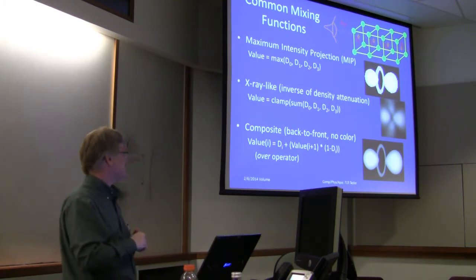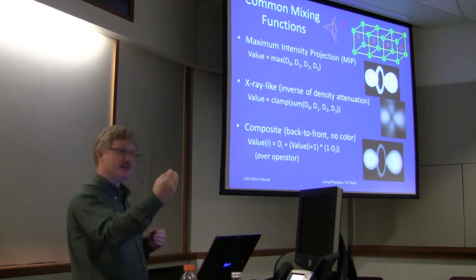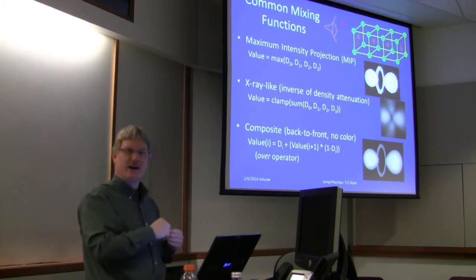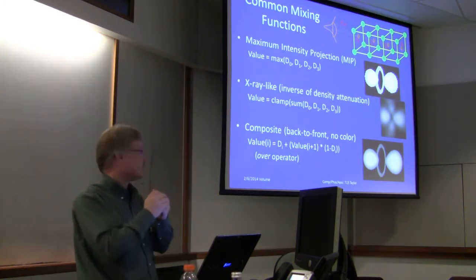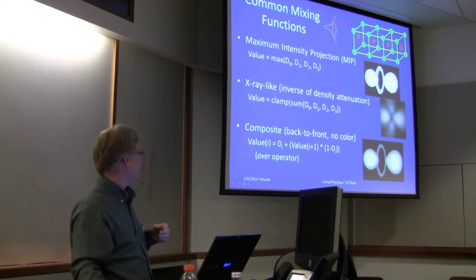The composite is basically saying we're going to make things that are more opaque hide things that are behind them. Things that are less opaque don't hide them as much. So we're marching through D0, D1, D2, D3, and the value is Di plus the value at the next one times the inverse.